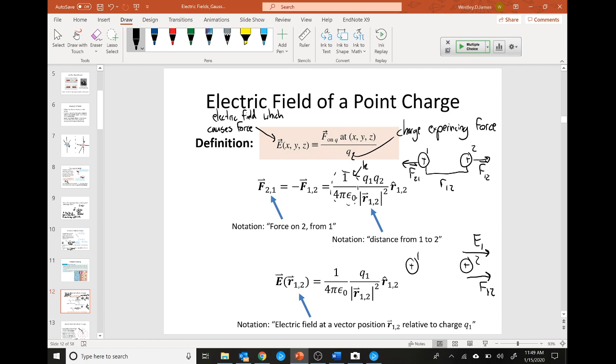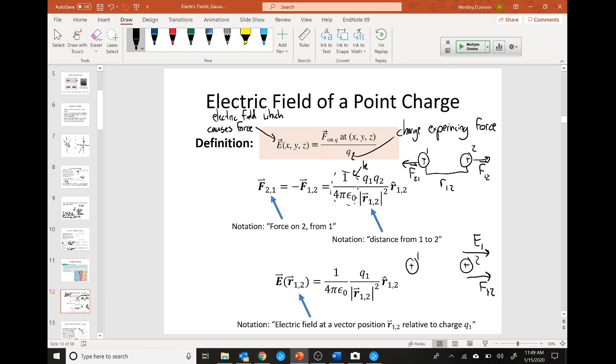Charge 1 is the one causing the electric field, so we need to include that in there. If you put charge 2 here, that would mean this would be Q2 times Q2, which means that you are saying that the charge is generating a force on itself. Please don't do that. This is for electric field, right? On the force, you would use Q2 and E1.